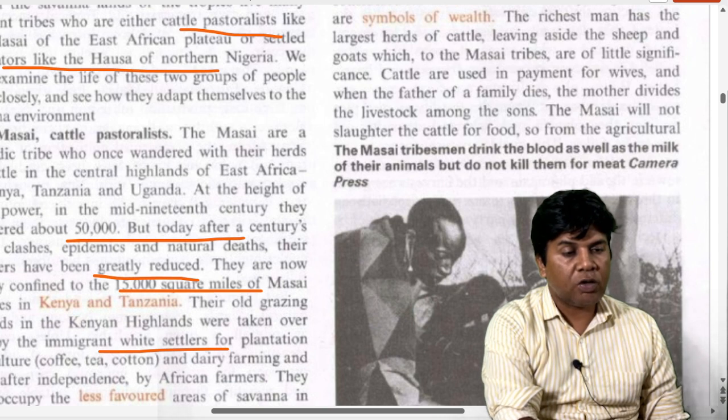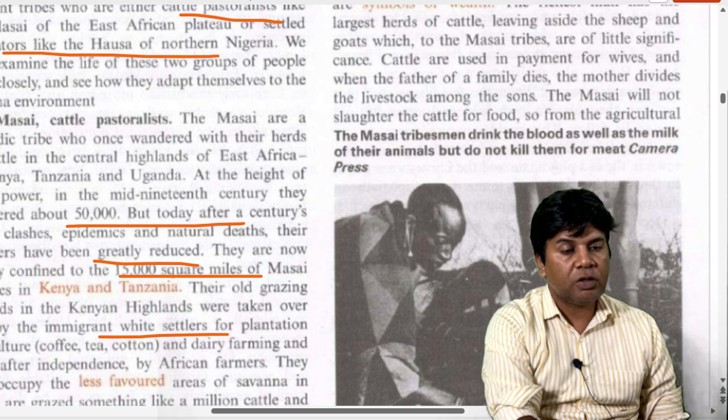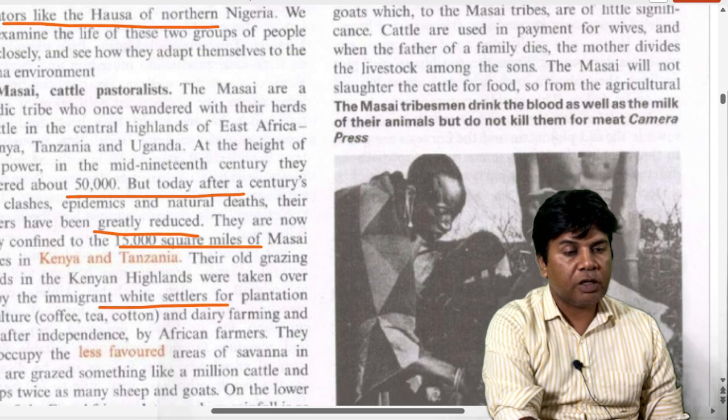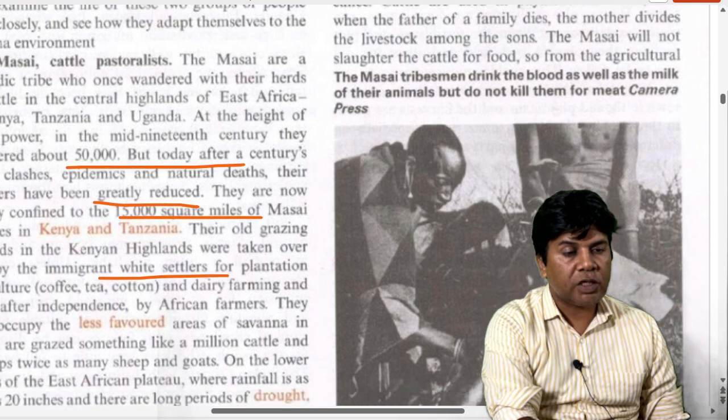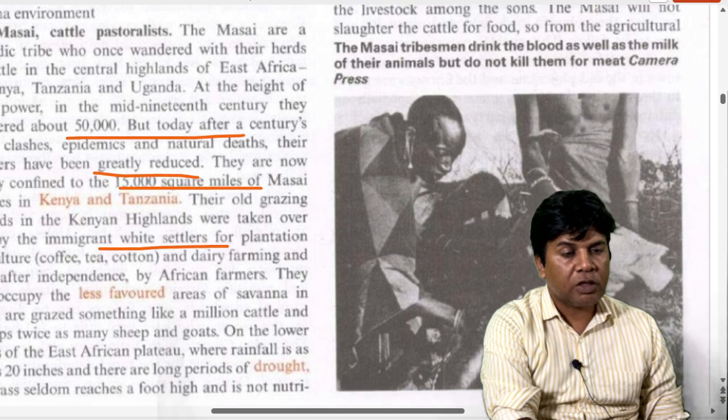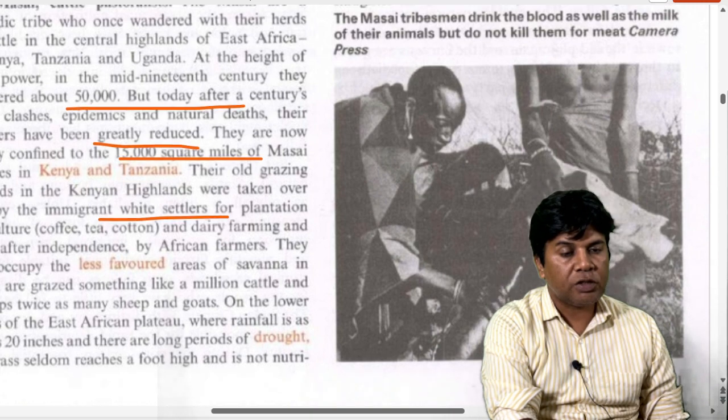They now occupy the less peopled area of savanna in which are grazed something like a million cattle and perhaps twice as many sheep and goats. On the lower slopes of the eastern African plateau, where rainfall is as low as 20 inches and there are long dry periods, the grass seldom reaches a foot in height and is not nutritious.